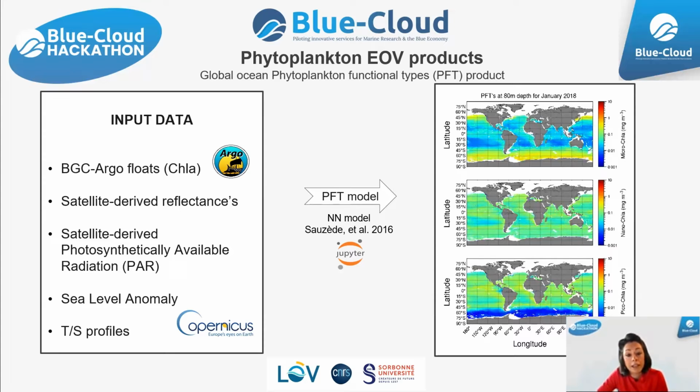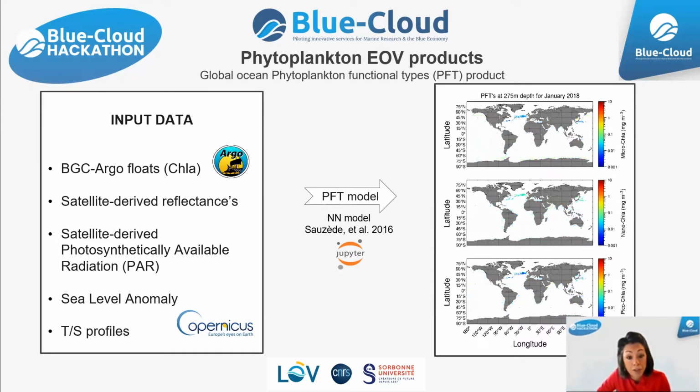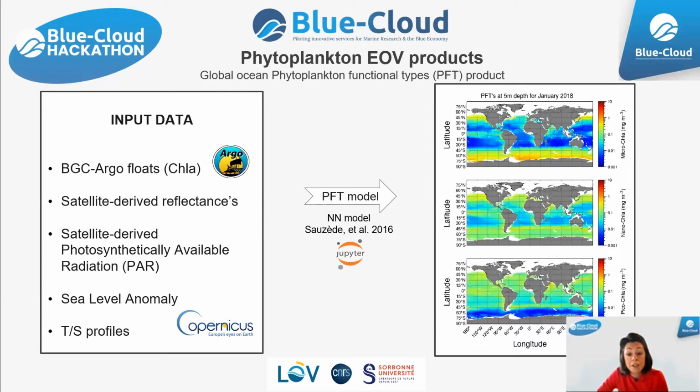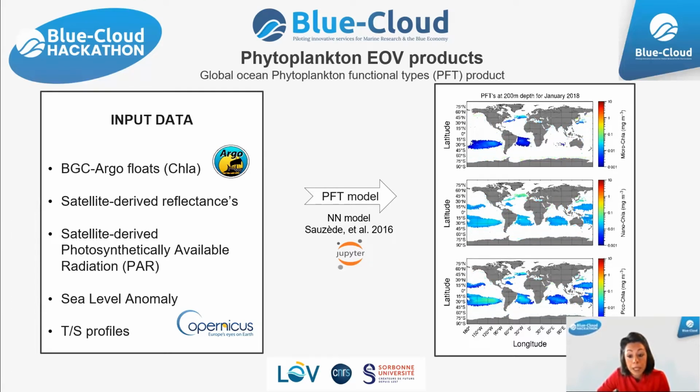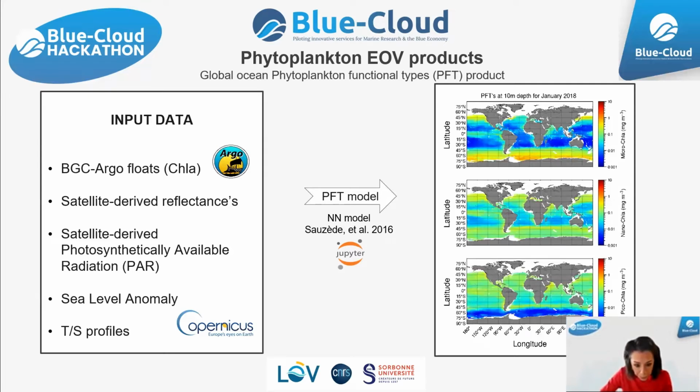So here we see again January, representing the months of winter, and 36 depths. In this figure, we can observe a latitudinal gradient from small to larger phytoplankton groups from the bottom of the graph to the upper part. And the latitudinal gradient we can observe goes from the equator towards the poles.